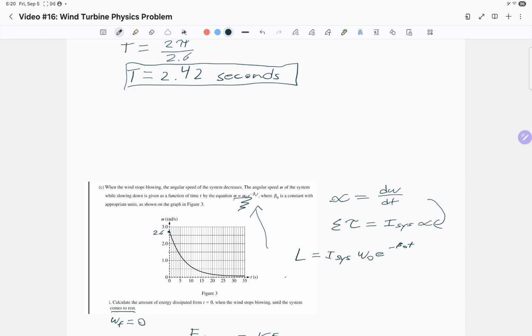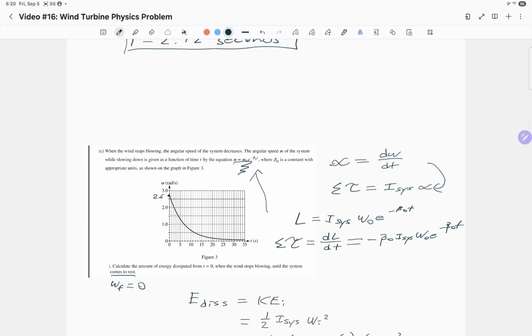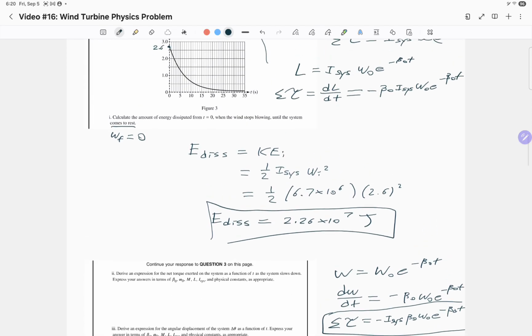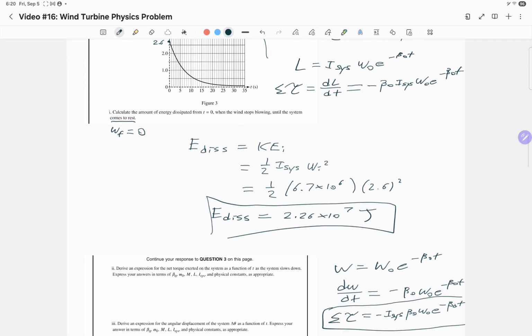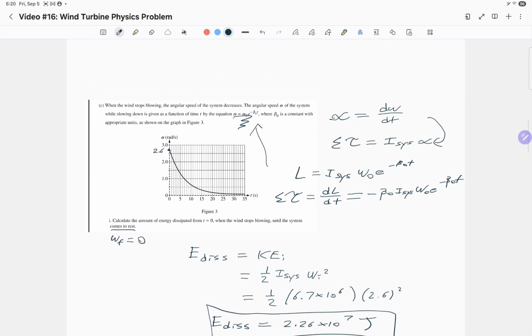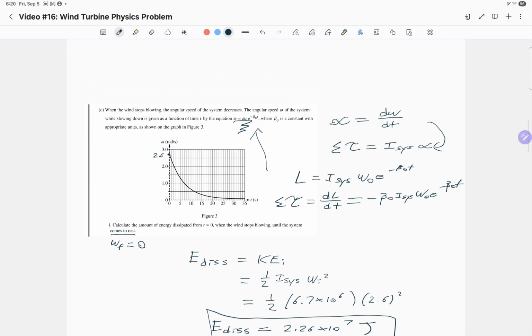And if you realize that net torque equals the time derivative of angular momentum, you can just take the derivative of this to get your same answer. So it's basically two sides of the same coin here. If this makes more sense to you, wonderful. You get the same answer either way. That's what we had down here. What's multiplied out front is just swapped order, but that doesn't matter because multiplication doesn't care about order.